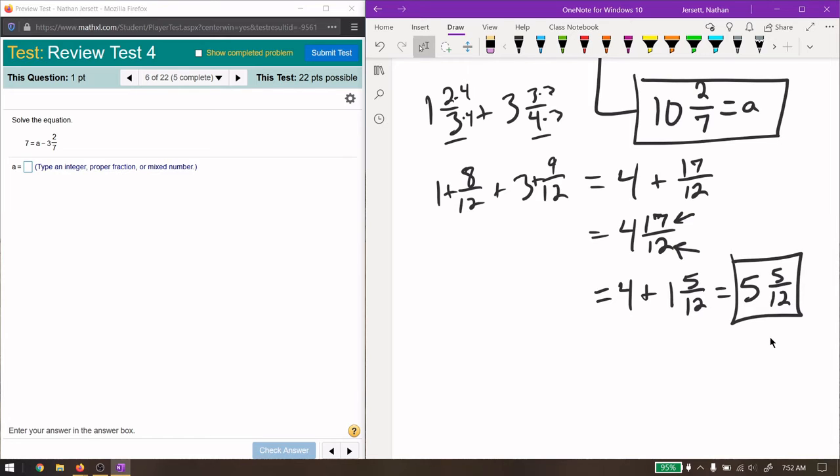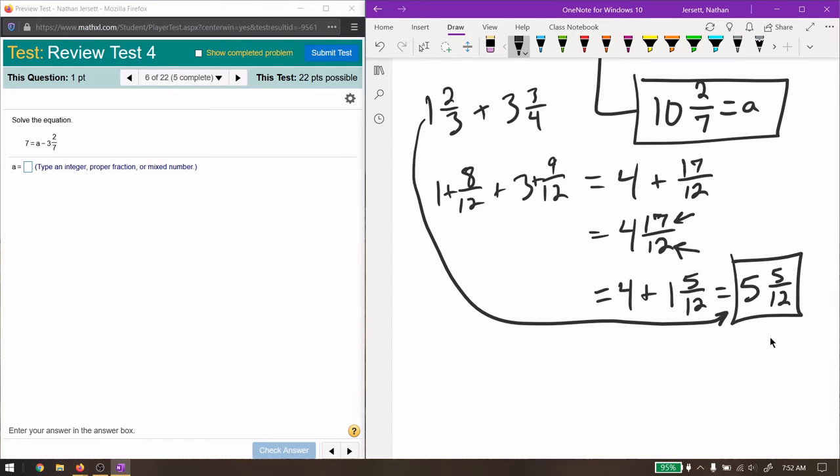So 1 and 2/3 plus 3 and 3/4 is 5 and 5/12. You always have to adjust the fractions and then always make sure you change them to mixed numbers if they're improper. That's kind of where this can be confusing, especially for subtraction, because it's more likely that you're going to have to readjust the fractional part.